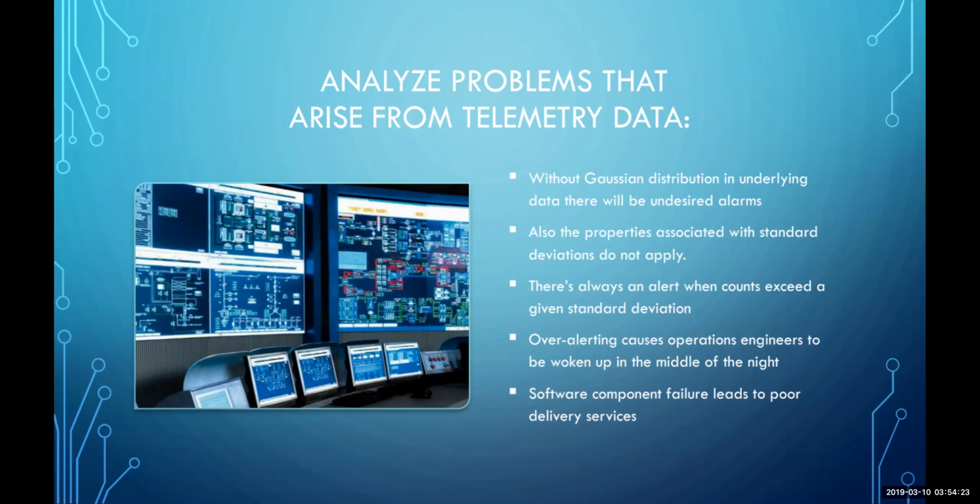In other words, the distribution of the data set does not have the Gaussian bell curve described earlier.